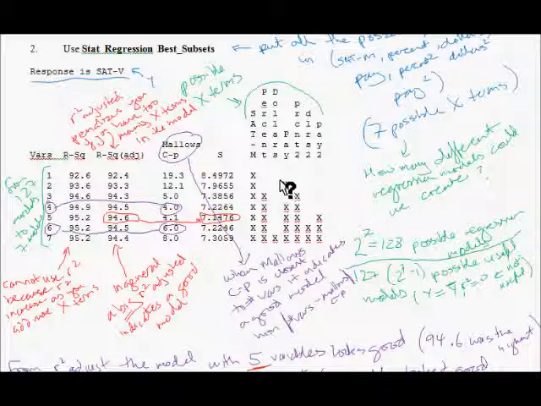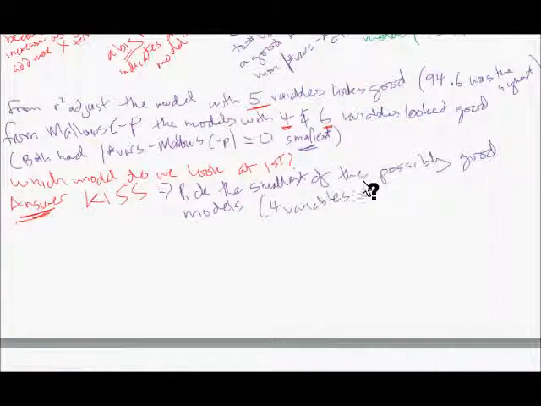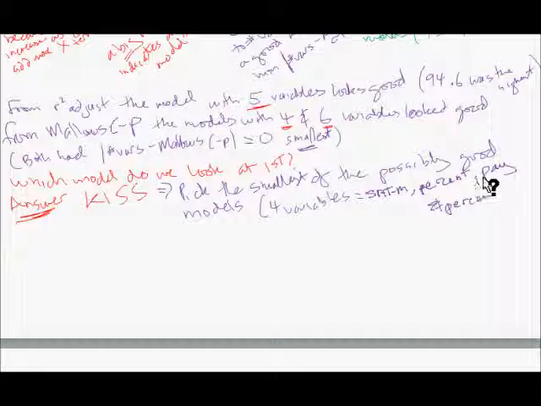So notice pay went out, percent and percent squared came in. And now with 4 variables, pay comes back in. So it's math, percent, pay, percent squared. So that's what we're going to try first. So you want SAT math, we want percent, we want pay, and we want percent squared. Those are the terms we're going to use.